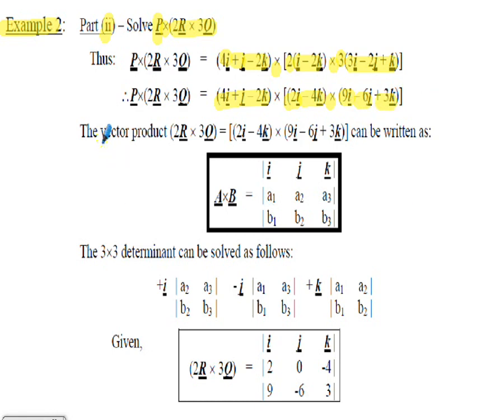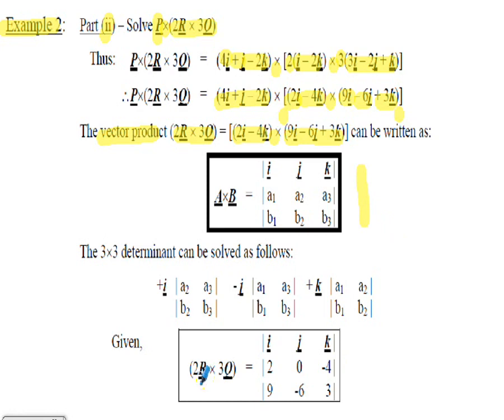So we're now going to solve the vector product of 2r multiplied by 3q, that's the square bracketed term back here, we're just looking at that term only. So that's 2i minus 4k multiplied by 9i minus 6j plus 3k. We can put that into determinant form here, there's the generic form we saw on a previous slide.